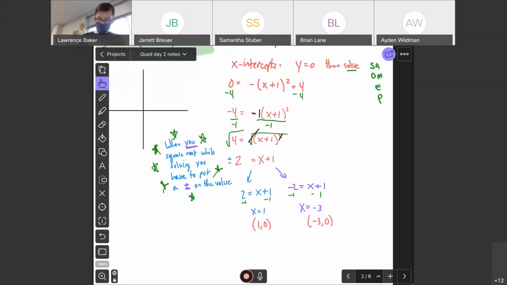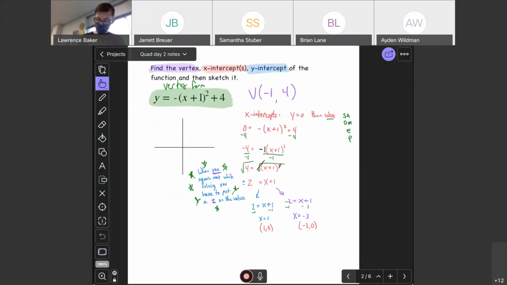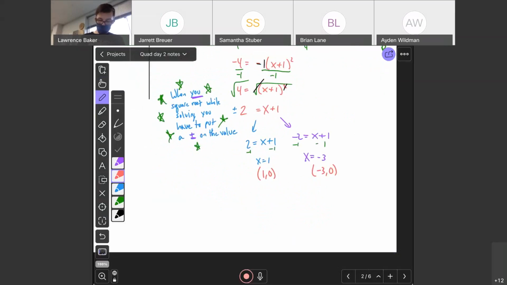Still need to find the y-intercept. That's pretty simple. And we base it off of what we know. If I want to find the y, well, I do that because I know something about x. The x equals 0.